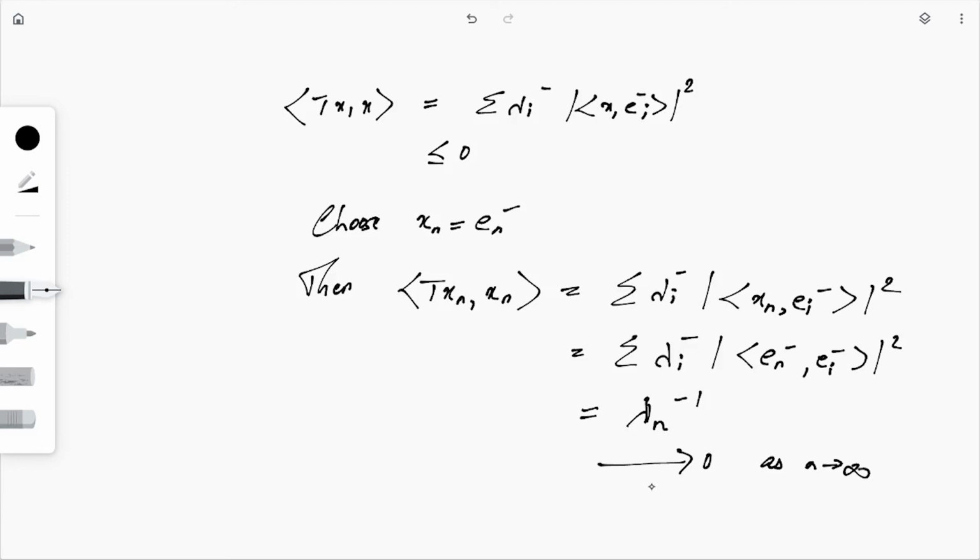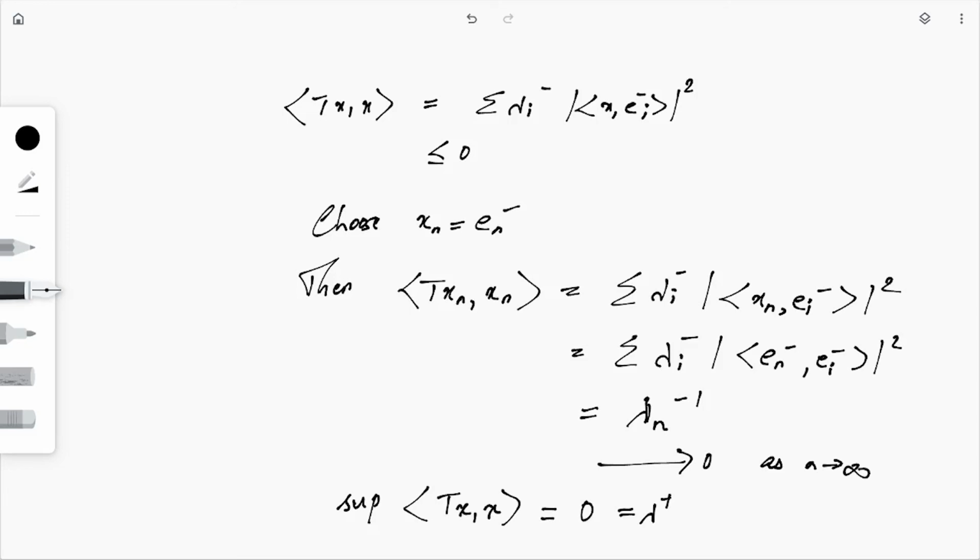Also, each and every term of that sequence is less than 0 and it is tending to 0. So I can say that the supremum of the inner product Txx will be equal to 0, which is equal to lambda plus. I hope it's clear. All the terms of the sequence are negative and tending to 0, so the maximum value of that particular sequence will be 0.